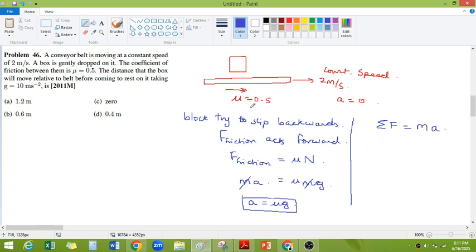The only force which is acting is the friction forward. There is nothing acting backwards. So m into a, it's the same thing. So friction will become mu into mg, and m into a, so m cancels. So a is equal to mu g. Okay, so either way we'll get the same answer.